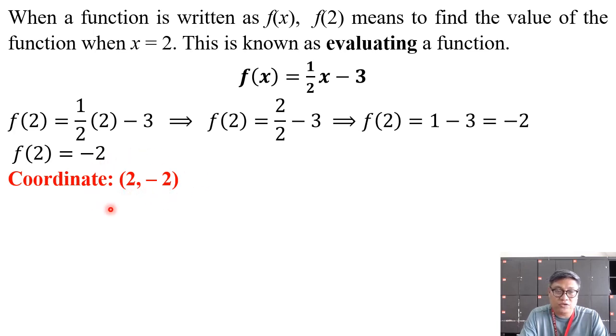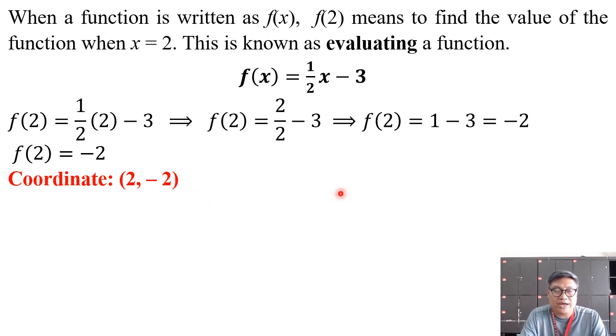So if you recall the concept of functions in an ordered pair, this is now your result. Here 2 is your input of x while the negative 2 is the result, which is now your f of x. Or this is the same as your domain. If the domain is 2, then the value of the range is negative 2.